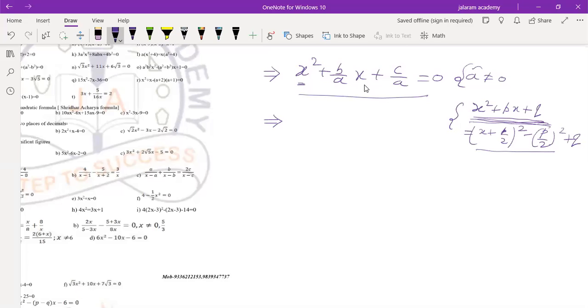Read it at least. Read the first line, read this whole square line, read this minus line.